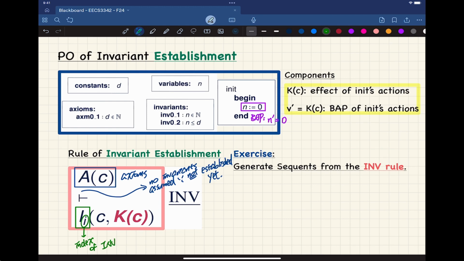In this case, we've got 1 and 2, so we're going to need 2 proof sequents later. The invariants are expressed in terms of C, the constants, and K of C, which will be the effects of the init action. There's something I will ask you to look up by yourself. The K of C over here, by definition, is the effects of the init action.